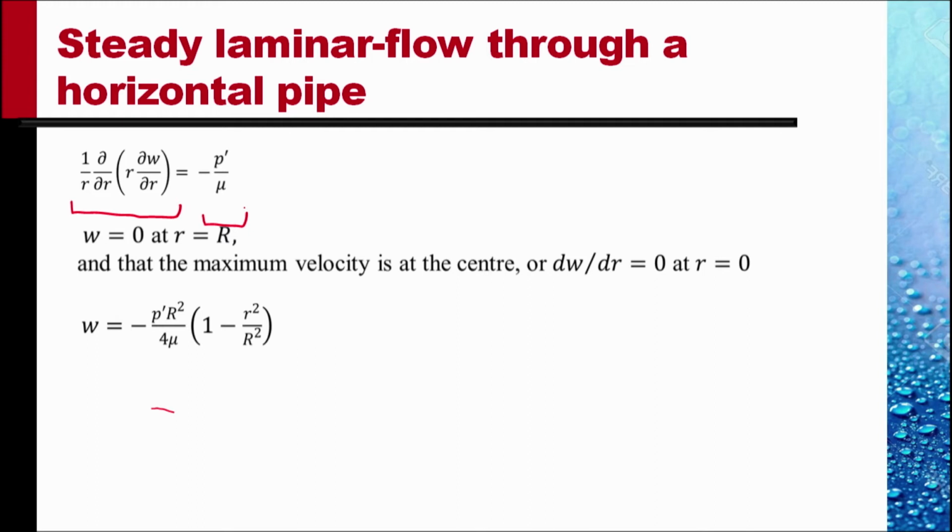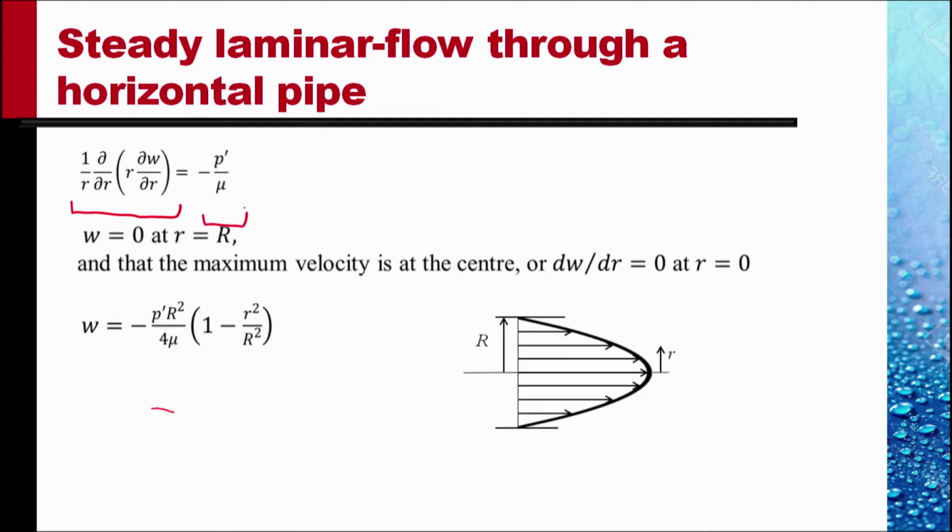W is equal to minus p prime r square by 4 mu into 1 minus r square by capital R square, where capital R is the radius of the pipe. The famous parabolic velocity profile. We have earlier determined the average velocity. This is the maximum velocity, W max or V max, as we noted earlier, capital V max. And V average is 1/2 of this.